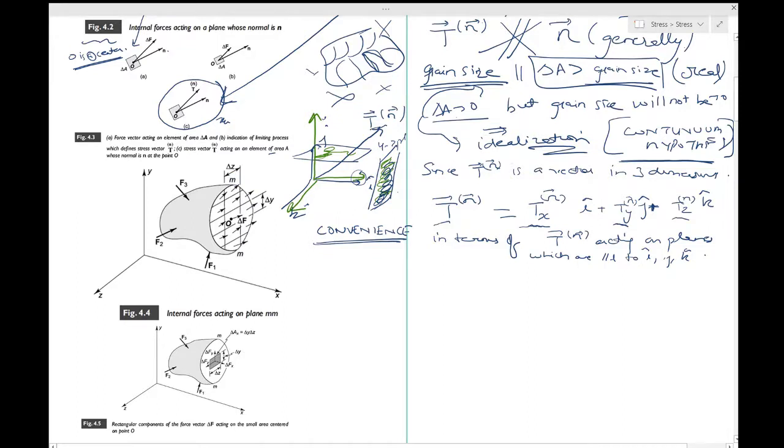Now you consider the free body to the left of the plane mm. So this is essentially the free body which you should consider, and you divide the plane mm into a large number of small areas, each delta y by delta z. So each of these areas is of delta y by delta z dimensions.